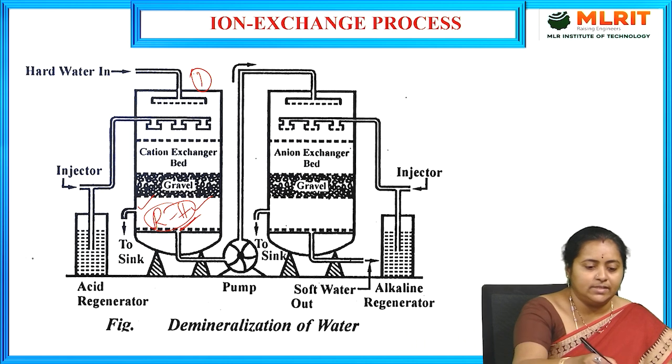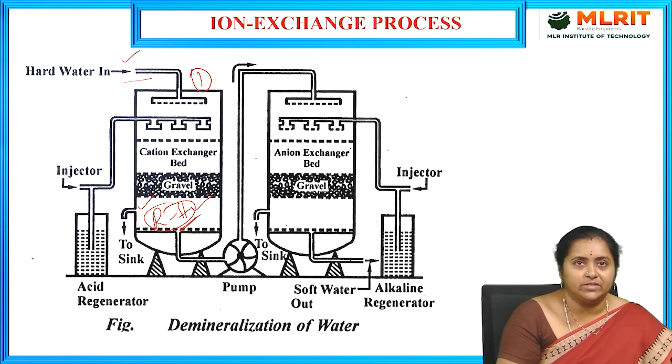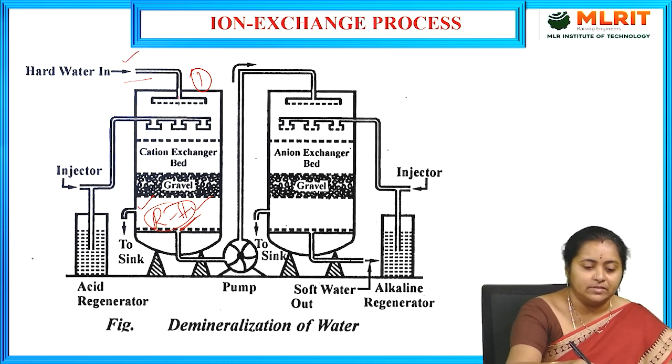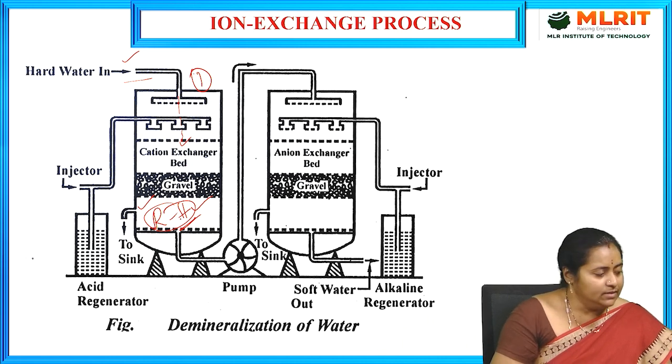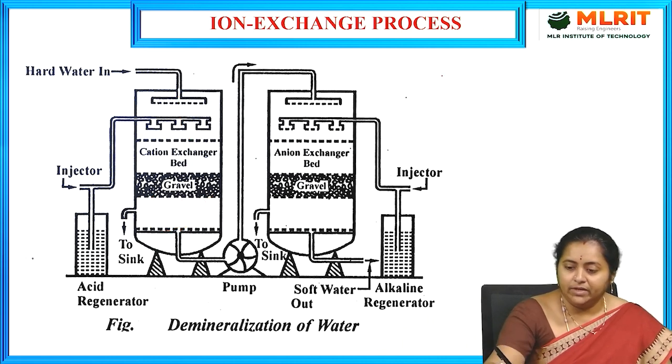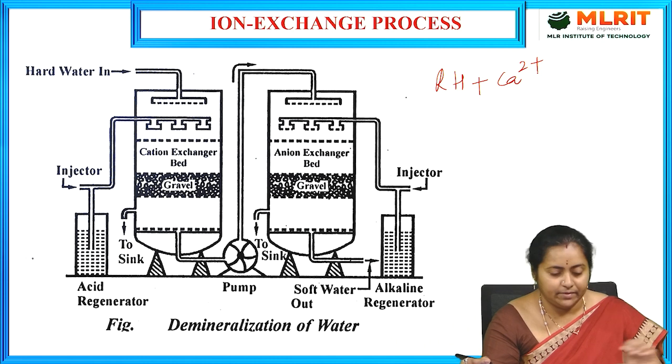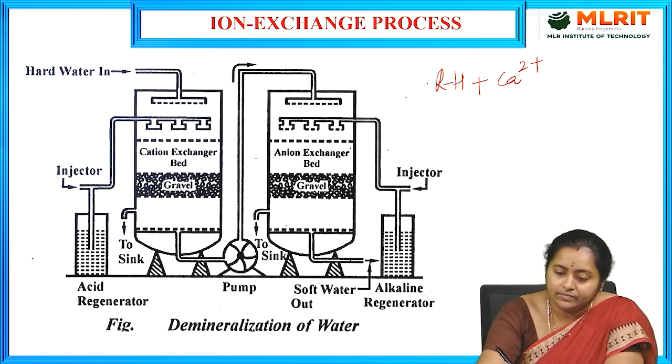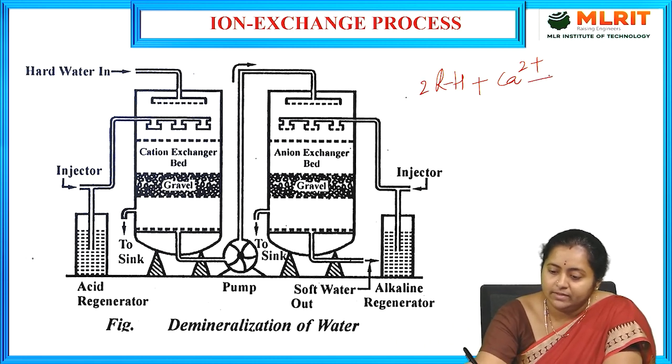So this is the inlet provided for allowing the passage of hot water. Once it enters here, immediately this RH that is present, what will it do? In the water we are having, for example, calcium and magnesium ions, right? 2 moles of RH we have to consider.